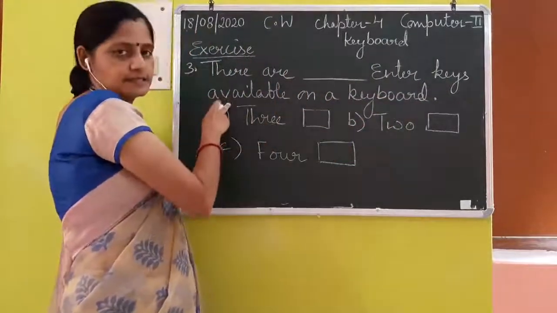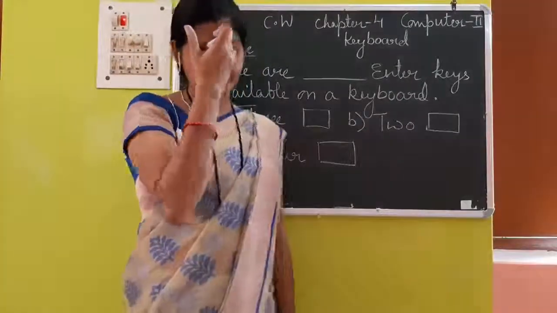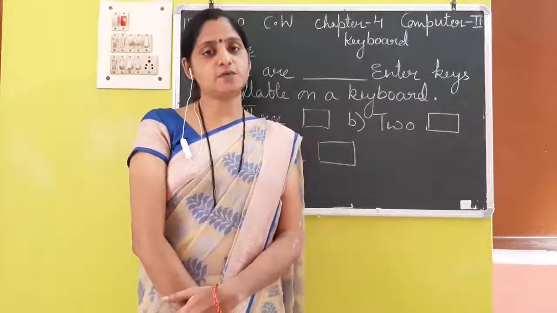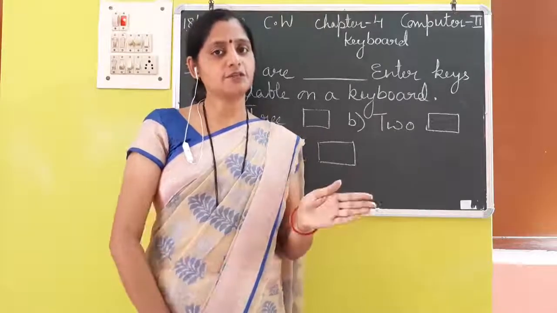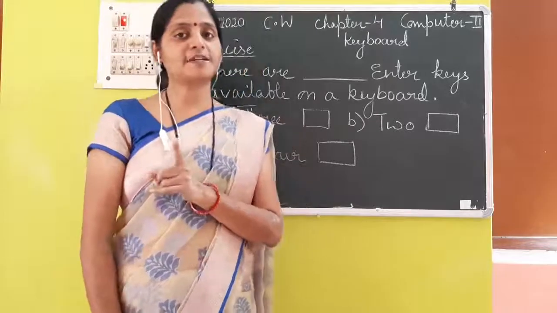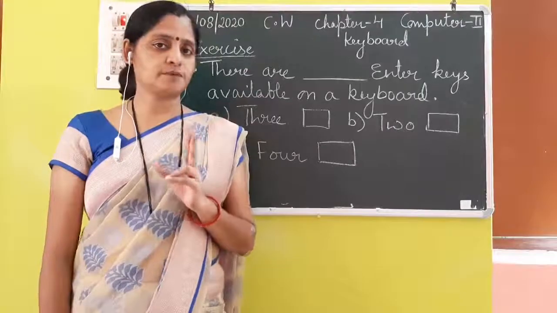Available means present. Now, how many enter keys are present on the keyboard, children? As we have already studied, there are 2 enter keys. One is present along with the alphabets. On the side where the alphabets are, there is one key, and on the other side is the numeric keypad we studied in the chapter. We have studied there are 2 types of number keys present.